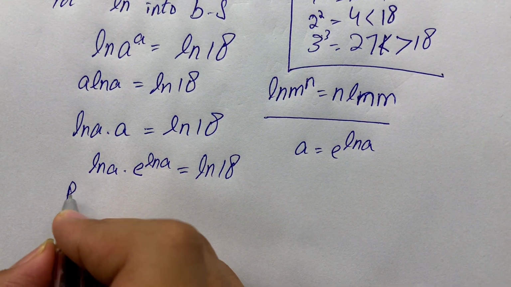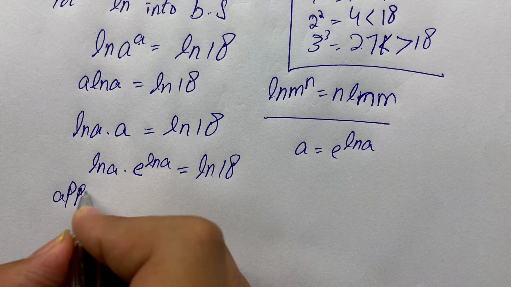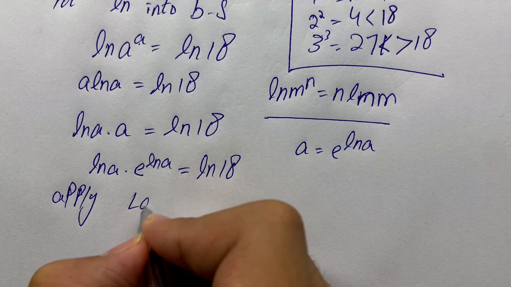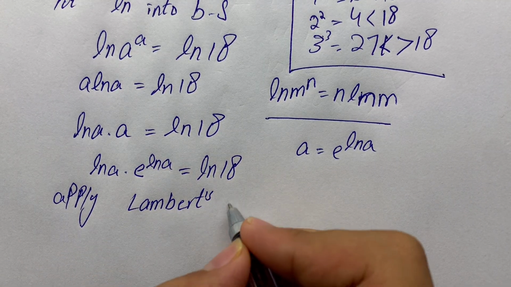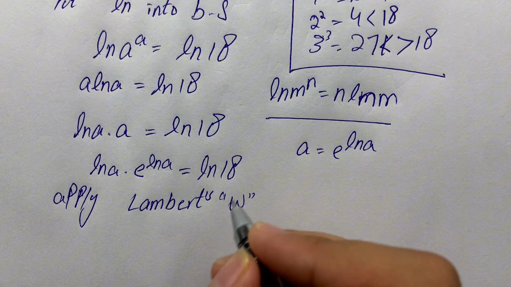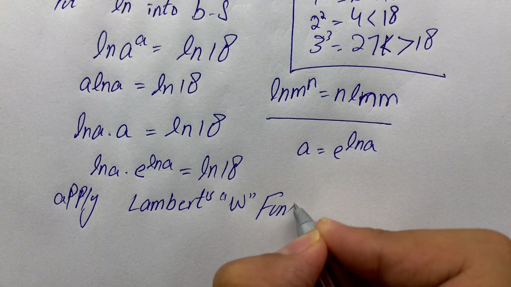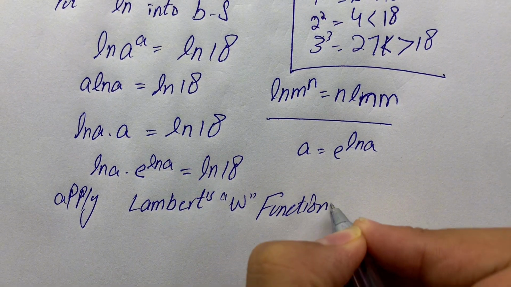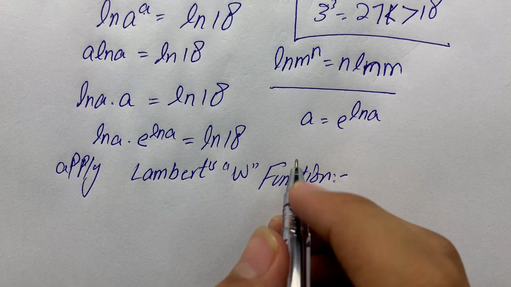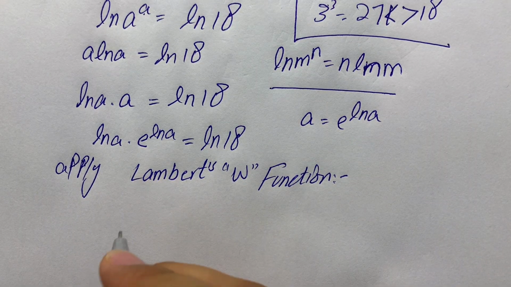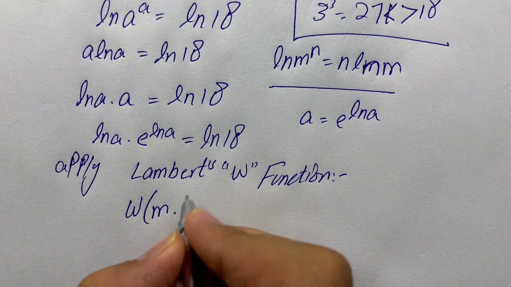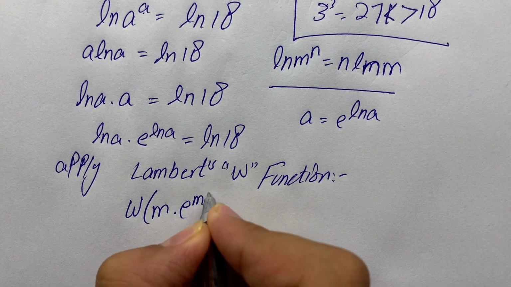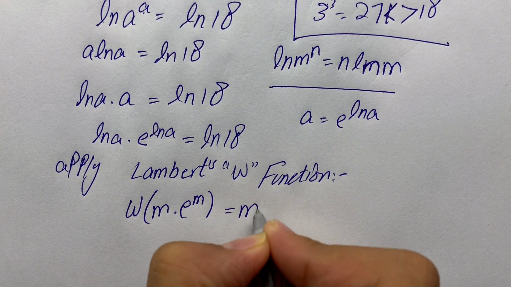Now apply the Lambert W function. After applying this, we get W of m times e to the power m is equal to m.